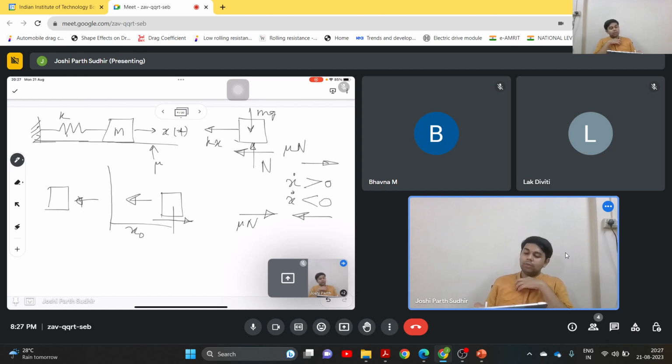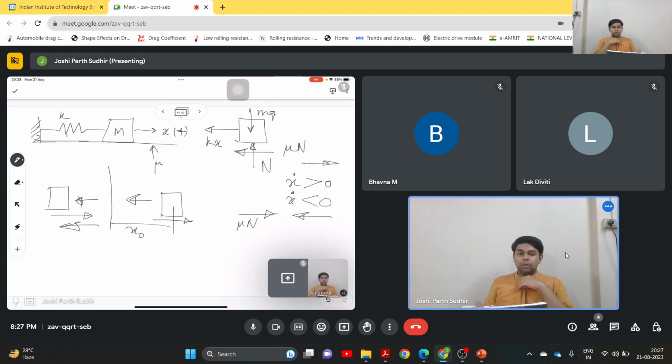Now once this block comes to rest at this point, the block starts moving again towards this direction. Then the friction force will become in this direction. So it is always opposite to the velocity.